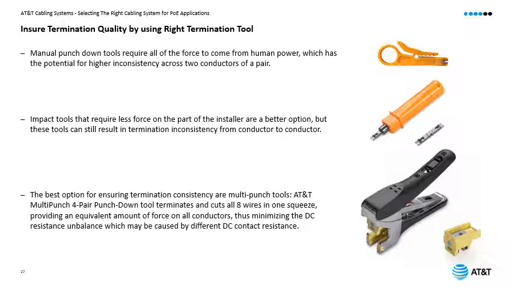Using a single pair termination tool or single pair impact tool is not recommended. We at AT&T cabling systems highly recommend using a 4-pair punch down tool that terminates and cuts all 8 wires in one squeeze. This will provide an equivalent amount of force on all conductors and will minimize the DC resistance imbalance which may be caused by different DC contact resistance.